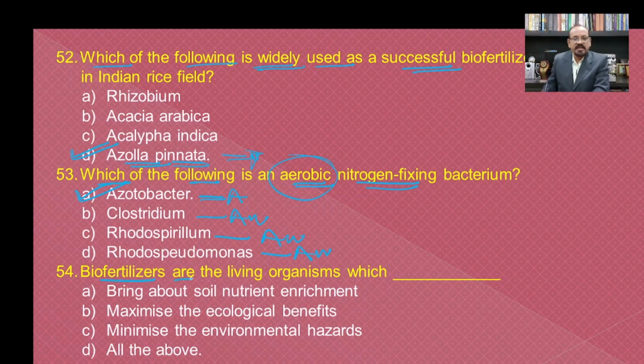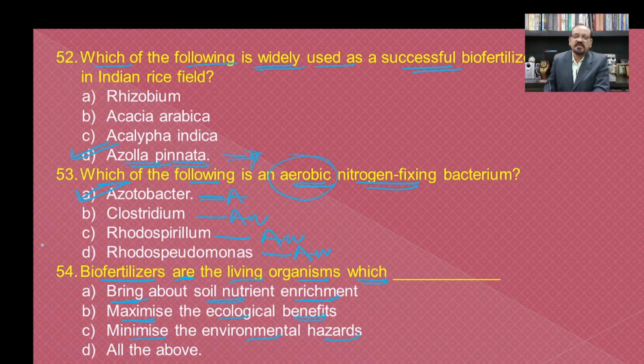Then biofertilizers are the living organisms which bring about the soil nutrient enrichment, which is the characteristic feature of the biofertilizer or the importance or the advantage. Then it maximizes the ecological benefits and minimizes the environmental hazards.